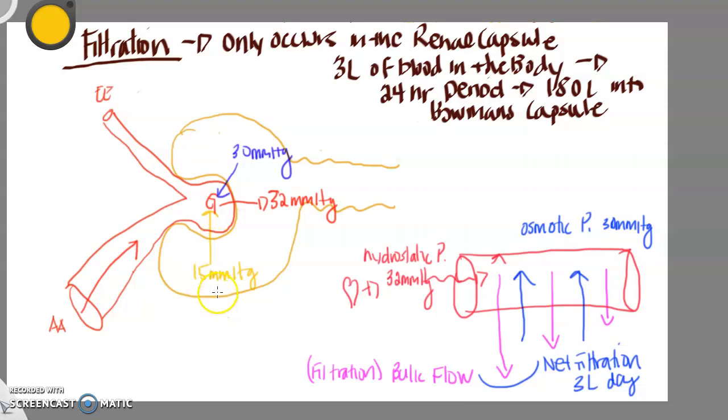So this is coming from the fluid pressure within the capsule, within Bowman's capsule. Okay, so that doesn't really make for a very good filtration thing, because more stuff actually is going into the blood, into the glomerulus, than is coming out of the glomerulus into Bowman's capsule, and we want that to be reversed.